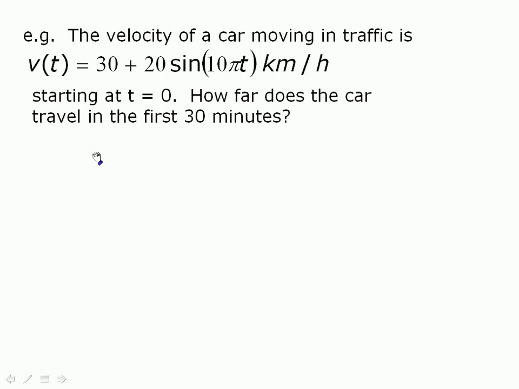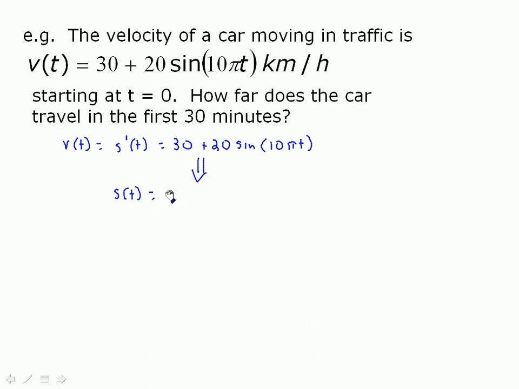So we can take this velocity function and recognize that v at t is equal to the derivative of the position function, which is equal to 30 plus 20 sine 10 pi t, and then get s at t.